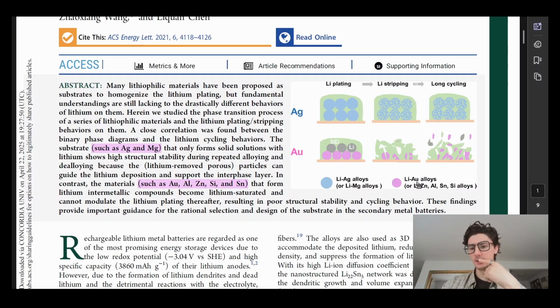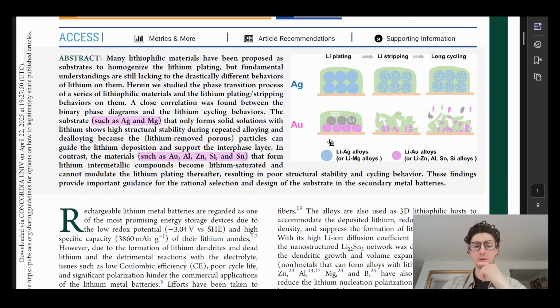So lithium gold alloys or lithium zinc, aluminum, tin, and silicon, I think. And lithium silver alloys or lithium magnesium. So from just this picture, it looks like silver and magnesium perform better in the sense that they don't exhibit this kind of breakdown of the SEI. So we're going to figure that out.